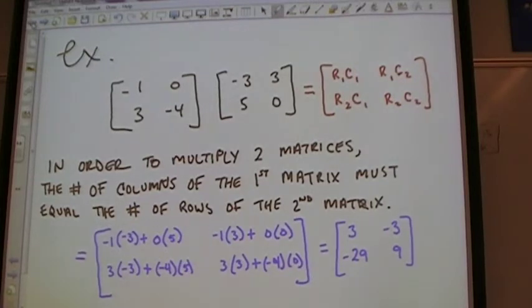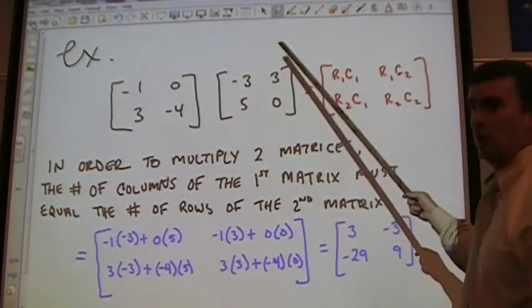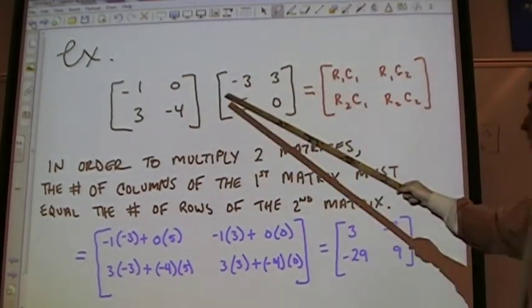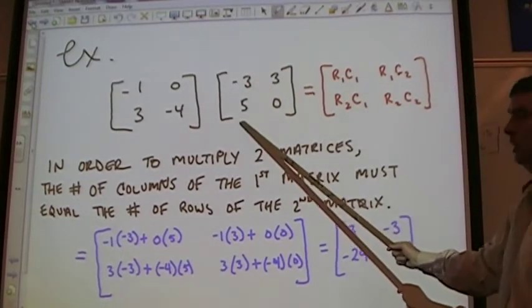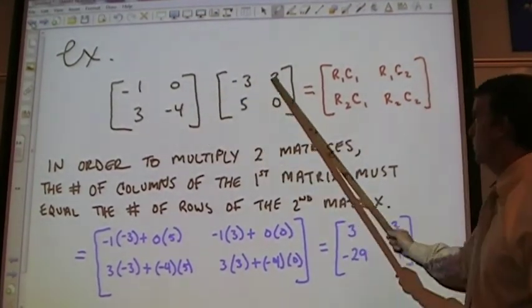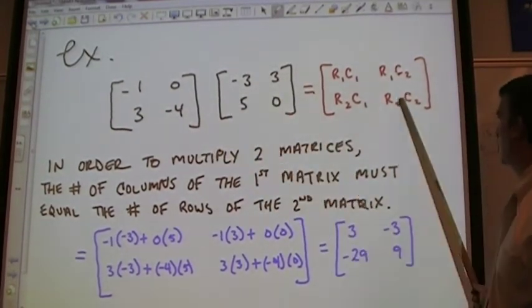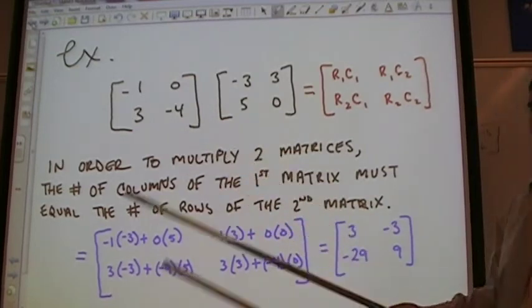We're using all rows here and all columns here. So row 1 and column 1. Here I use row 1, column 2. Here I use row 2, column 1, and row 2, column 2.